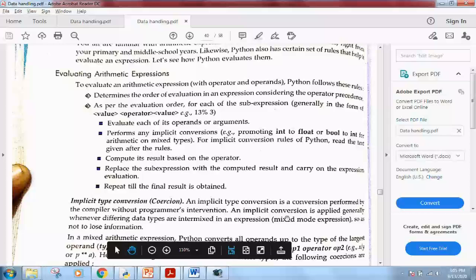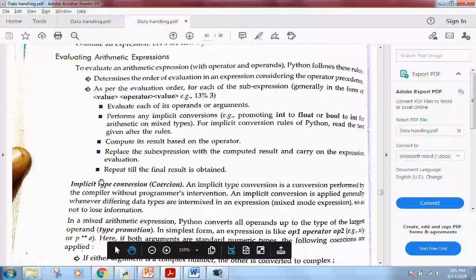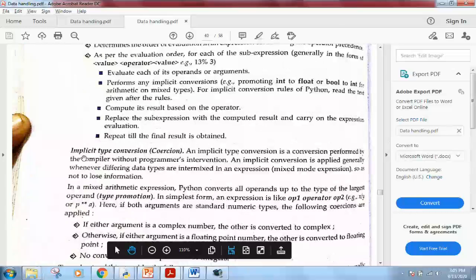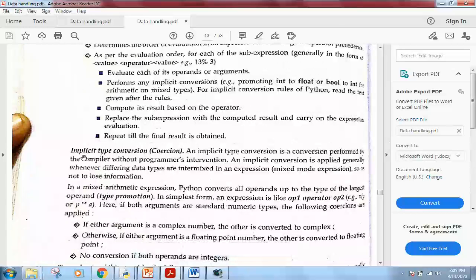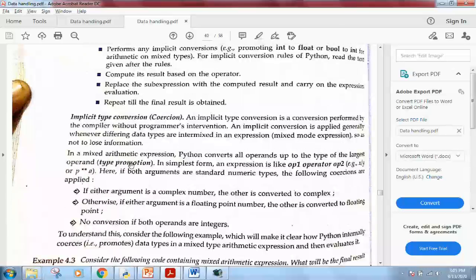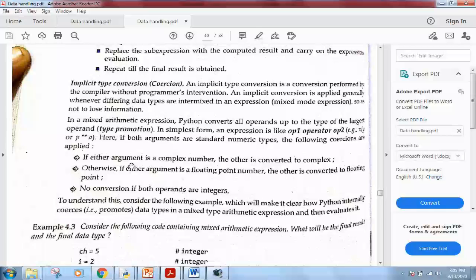It is a conversion applied implicitly whenever differing data types are intermixed in an expression. For example, if we have an integer value plus a floating value, the answer will always be a floating value because that is the bigger type. So type promotion is done automatically, generally from a lower data type to a higher, bigger data type in size. The opposite is not done in any way.